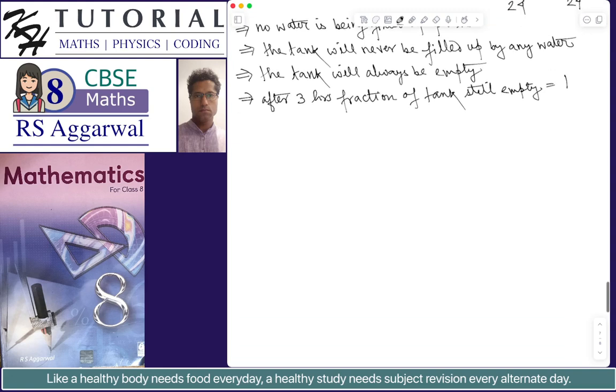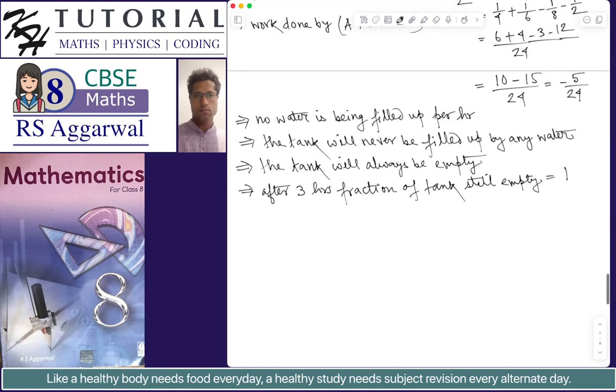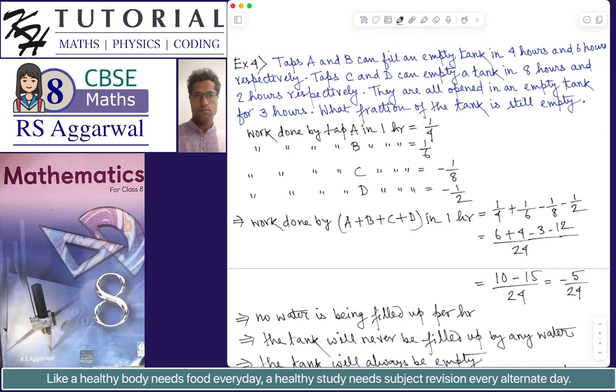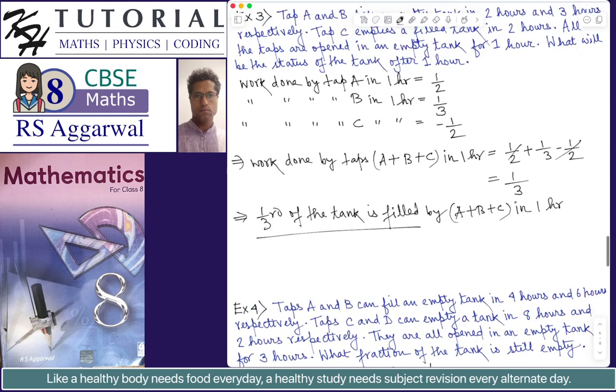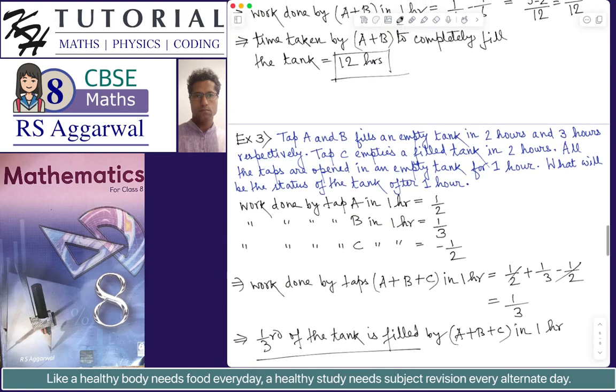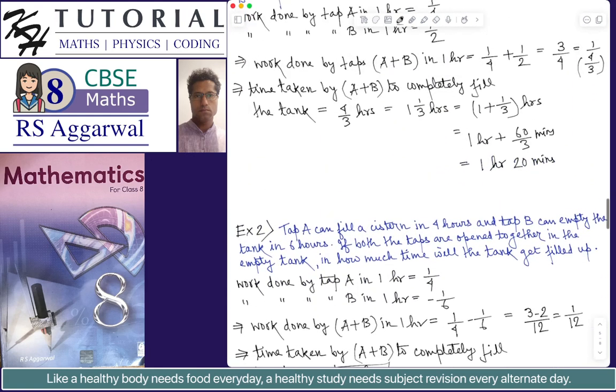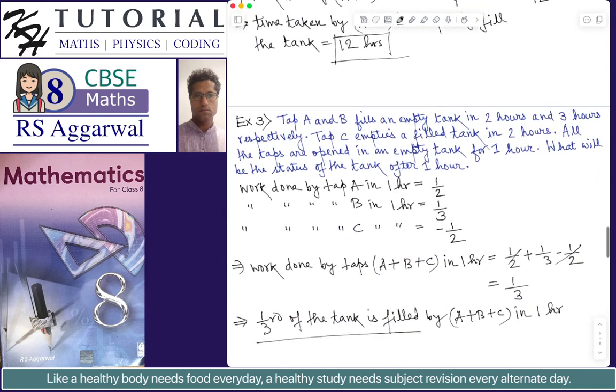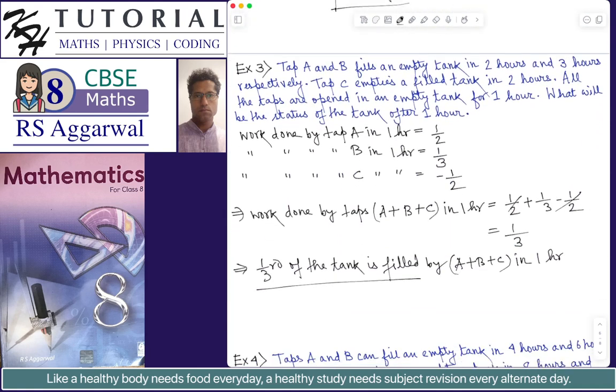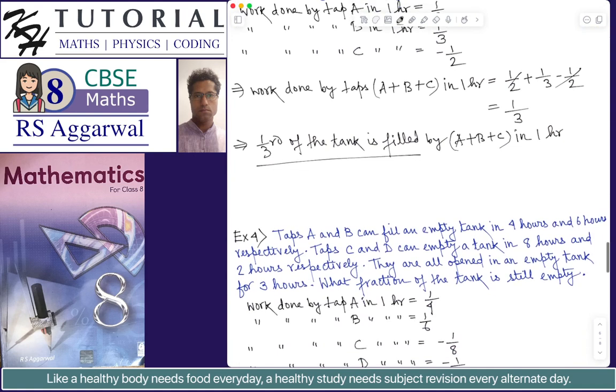So this was all about it. These are the 4 examples that I wanted to solve to clarify how we are applying the concepts that we studied about pipes and cisterns to solve the problems. Even though these 4 problems definitely do not cover all the variations of problems that are possible regarding pipes and cistern, I will definitely cover all the problems when I provide assignment problems.